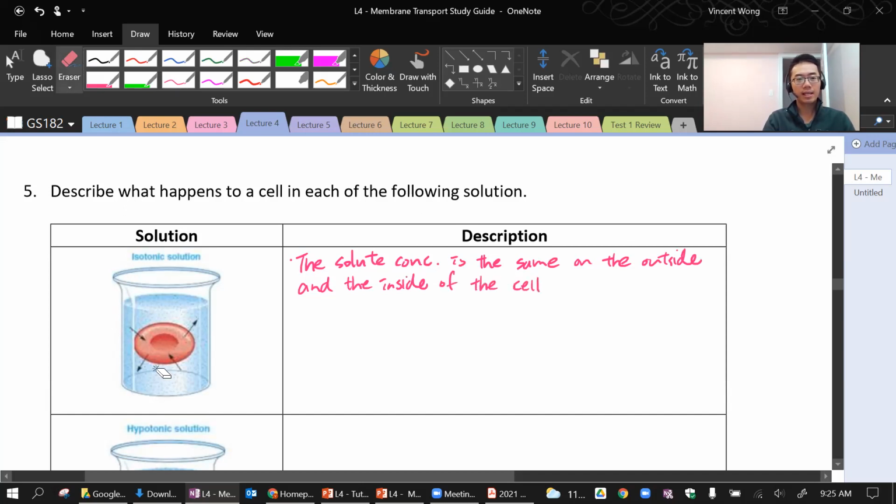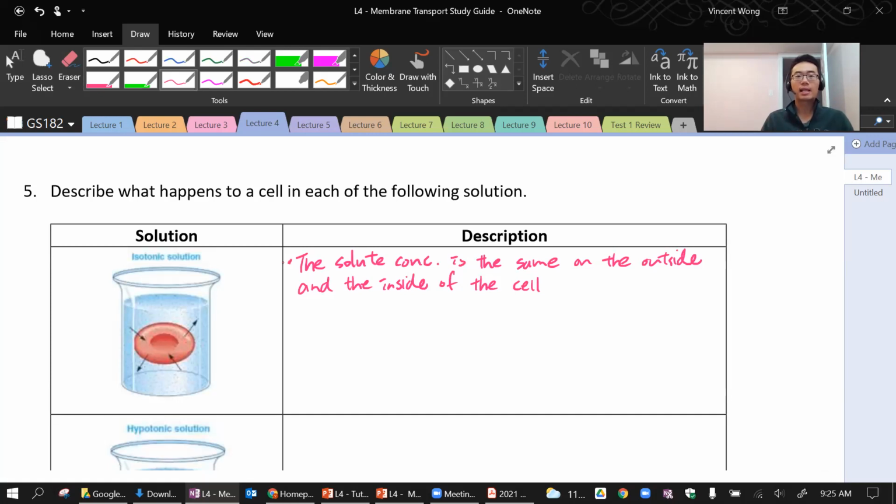Okay, the environment has the same concentration as the inside. Okay, so like when we do IV into our body, we want to make sure that the solution is isotonic, right? So that our cell is not going to shrink or burst from it.